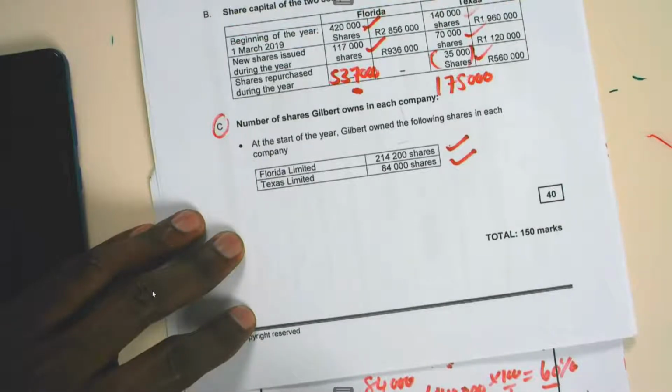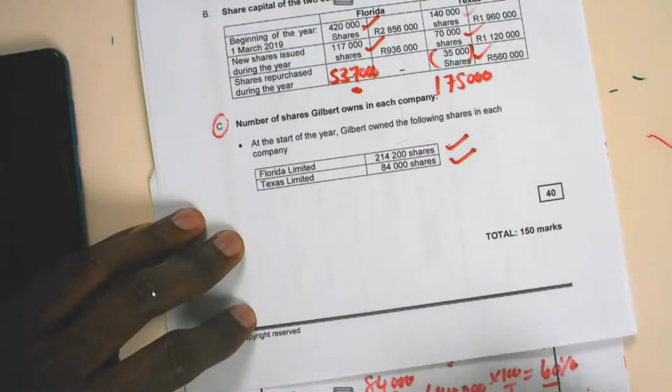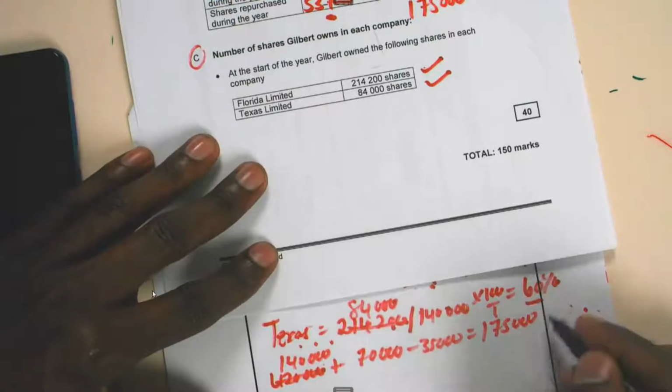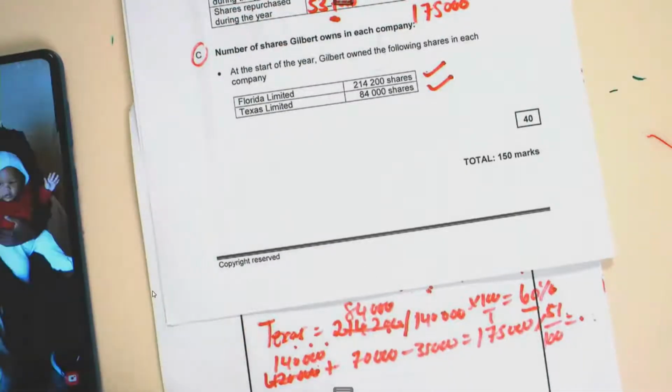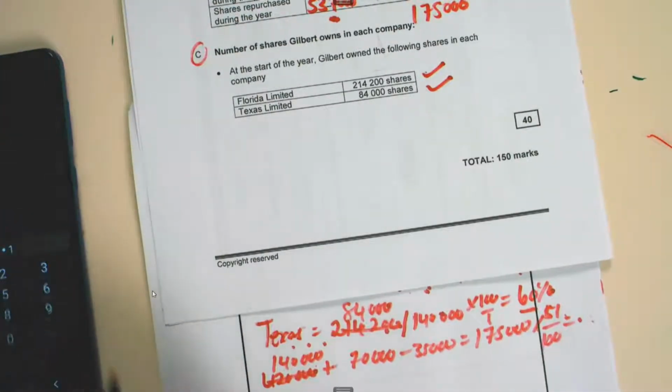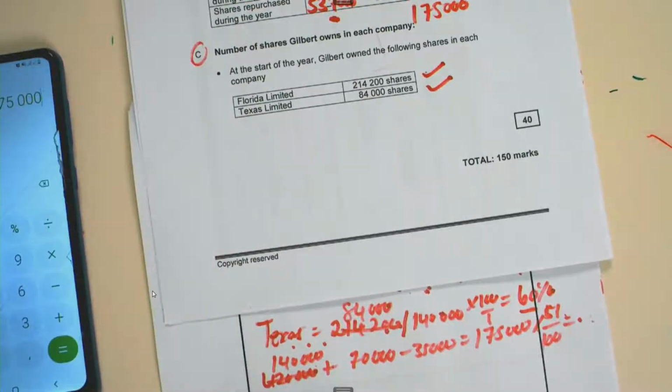At the beginning of the year, Texas had 140,000. During the year, they issued 70,000 and they repurchased 30,000. It means Texas is left with 175,000. If he wants to remain a majority shareholder, we will multiply this by 51 over 100 to determine how many shares he needs to have to become a majority shareholder.